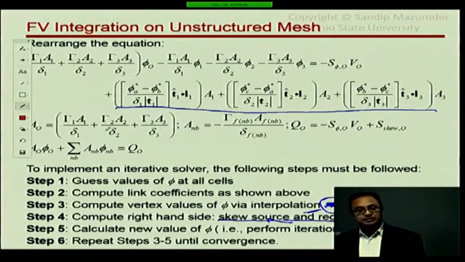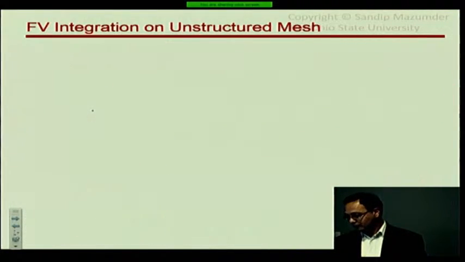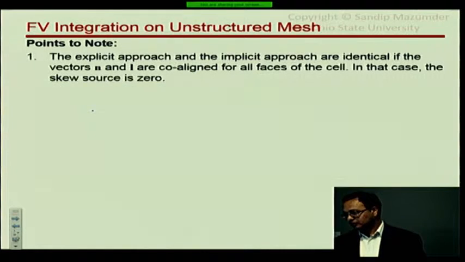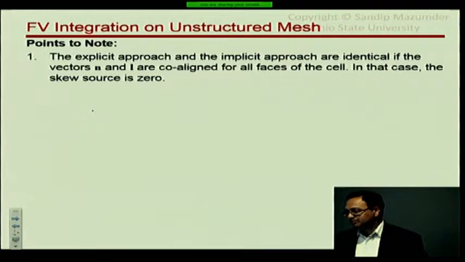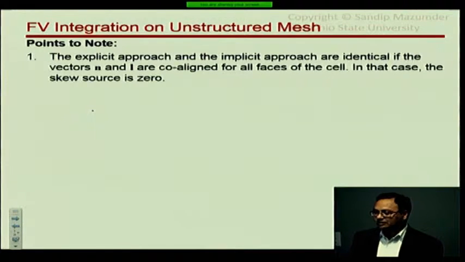Any questions before we move on? All right. So points to note, I'm just repeating here a little bit. The explicit approach and the implicit approach are identical if the n and l vectors are co-aligned, and in that case, basically the tangential terms and the skew source is 0.